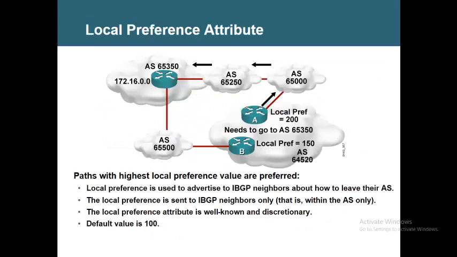Now, local preference. Local preference is an attribute which is also well known, but even if you don't configure it, there is going to be a default value, 100. It's discretionary.